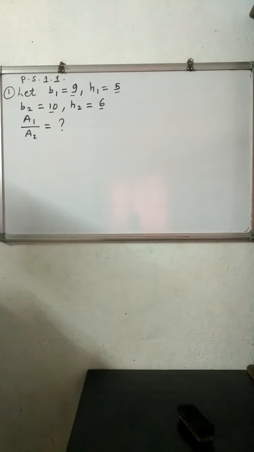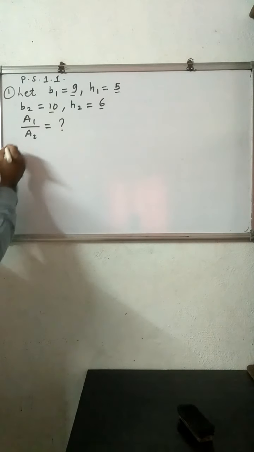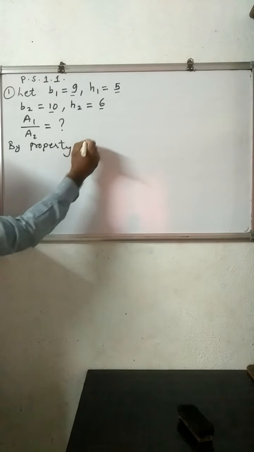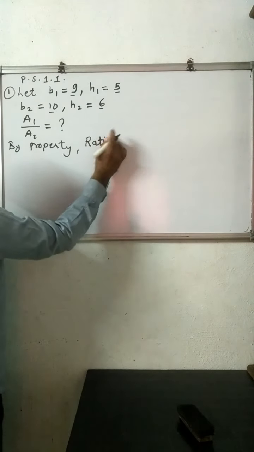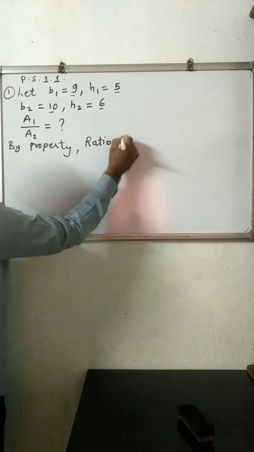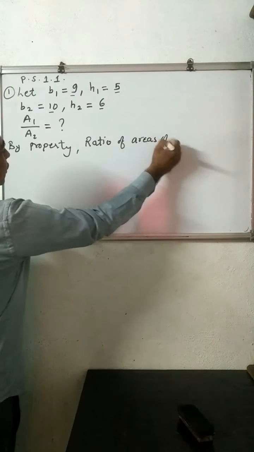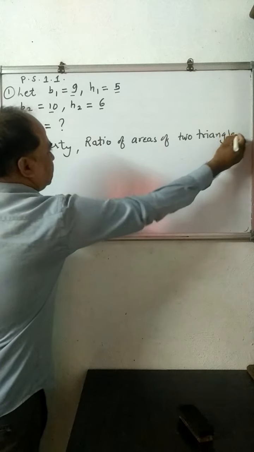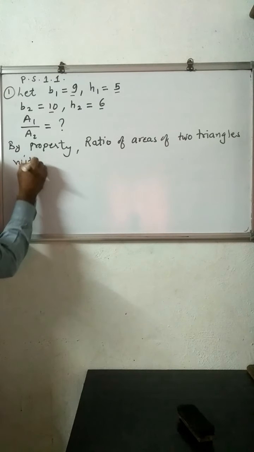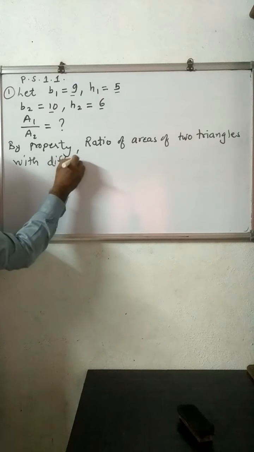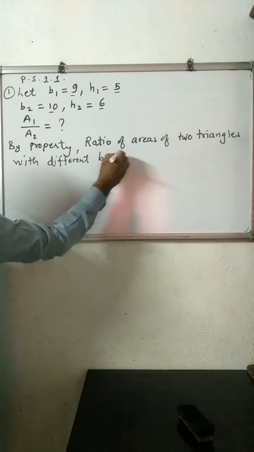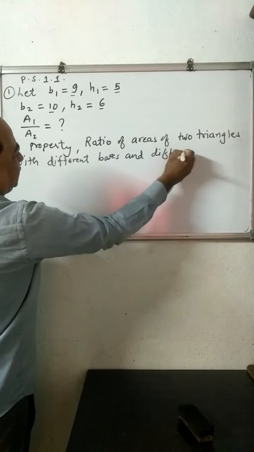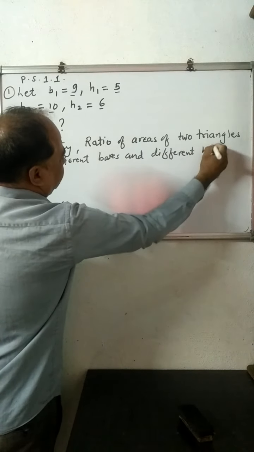Hence, by the first property, the ratio of areas of two triangles with different base and different height.